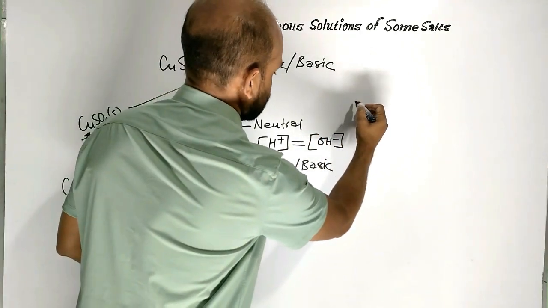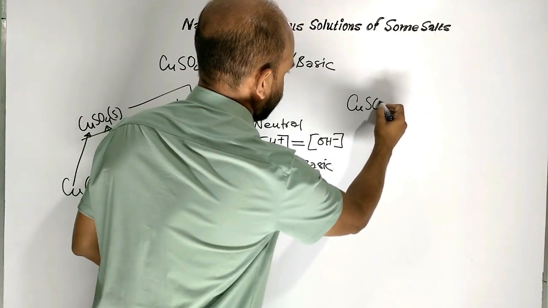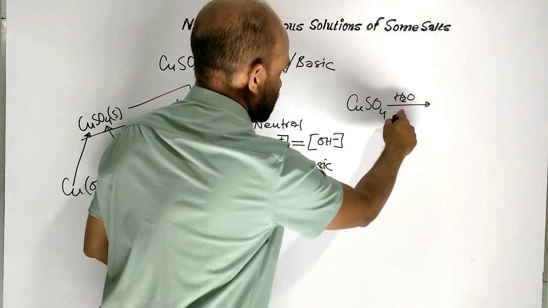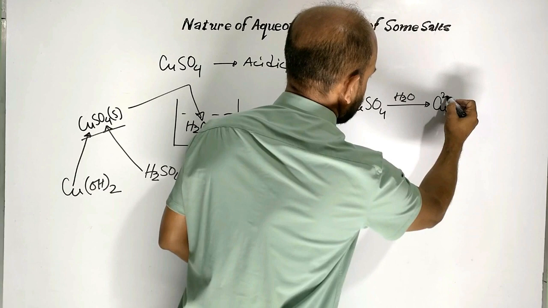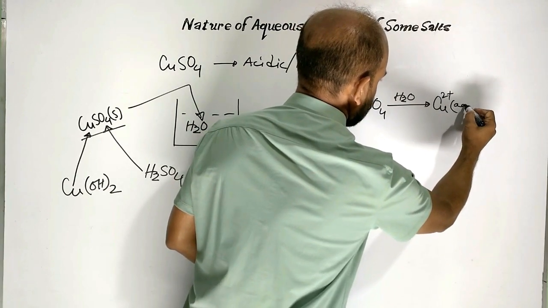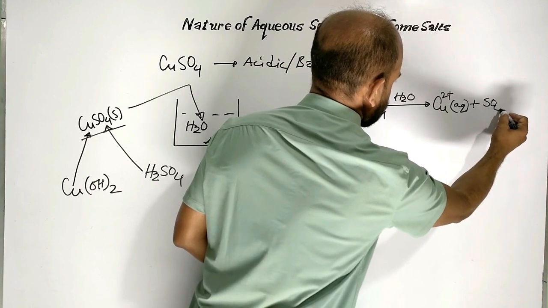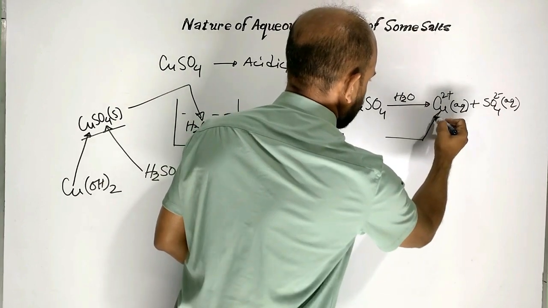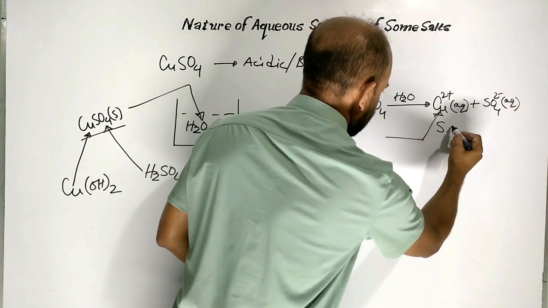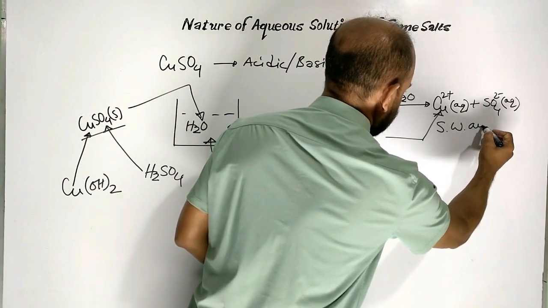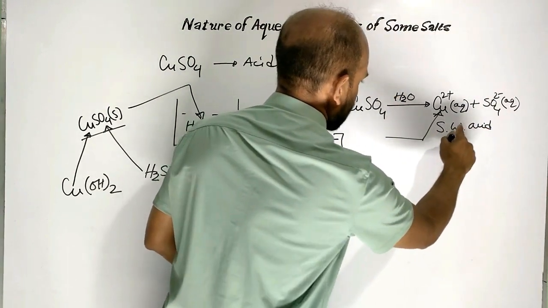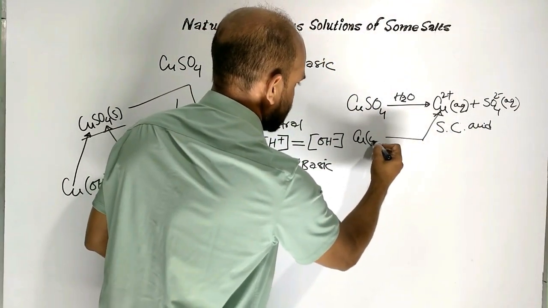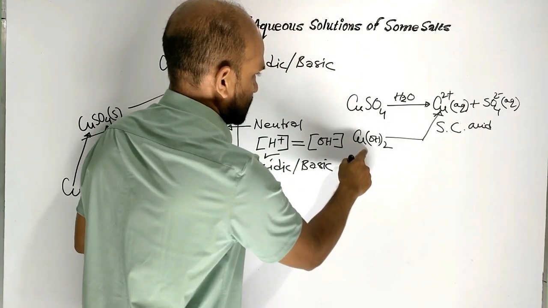Another way to explain this: copper sulfate, when dissolved in water, ionizes to copper 2+ ion and sulfate ion. Here copper 2+ is a strong conjugate acid of weak base, cupric hydroxide.